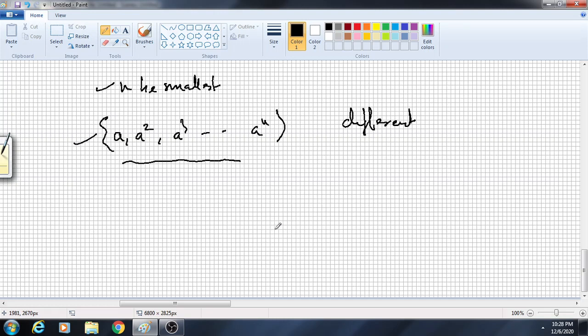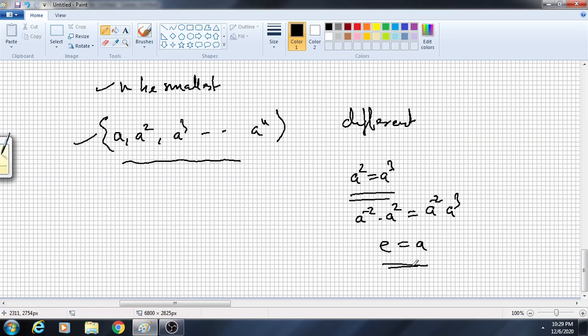So why am I claiming this? Suppose two elements of the set are the same. For example, just for namesake, suppose a squared is equal to a cube. If I multiply by a raised to minus 2, we get a raised to minus 2 into a squared, which is equal to a raised to minus 2 into a cube. That means the identity is equal to a.